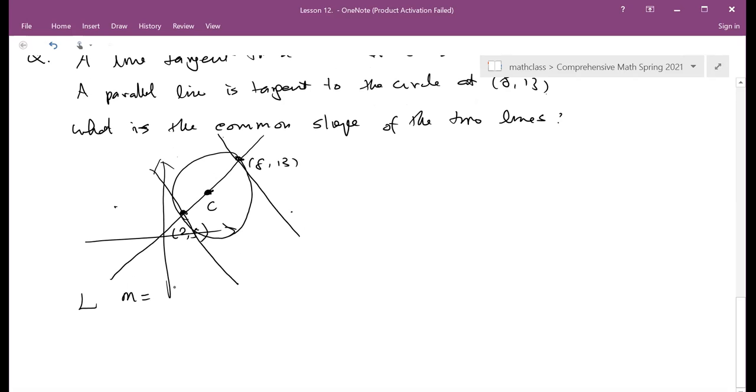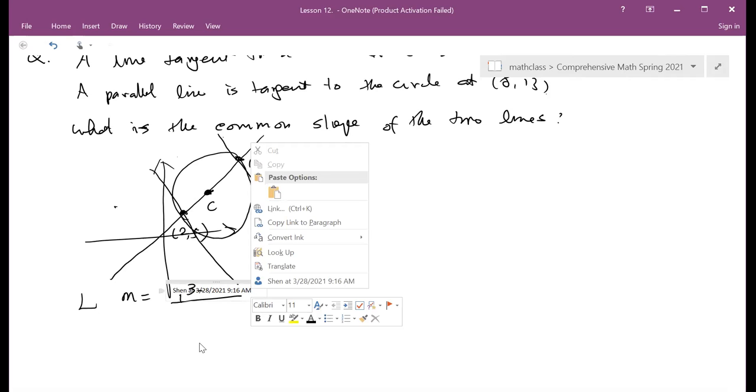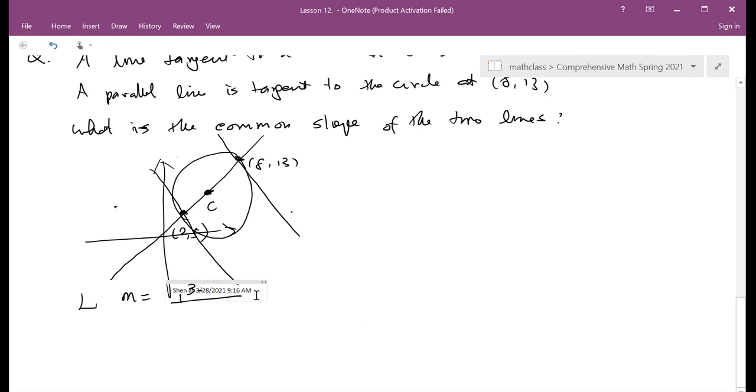The slope of the line will be the difference of the y coordinates of those two points over the difference of the x coordinates. Here's a -2, so the answer is 4/3.